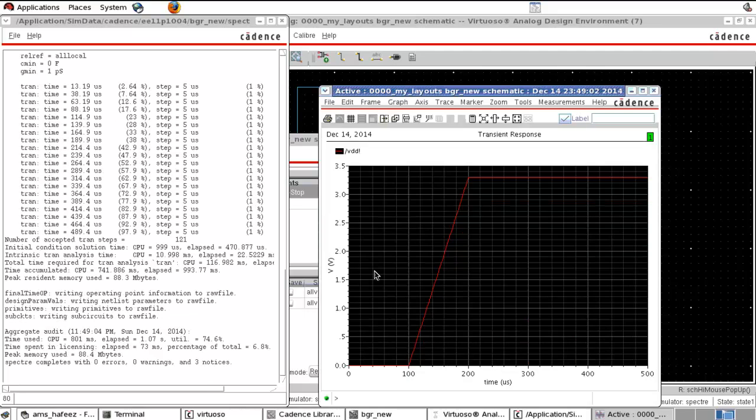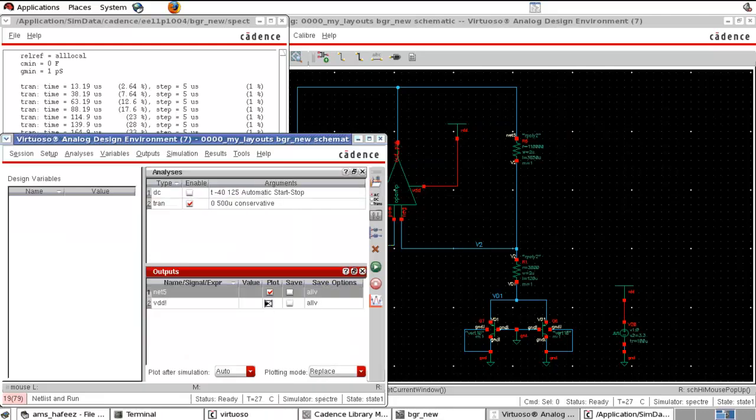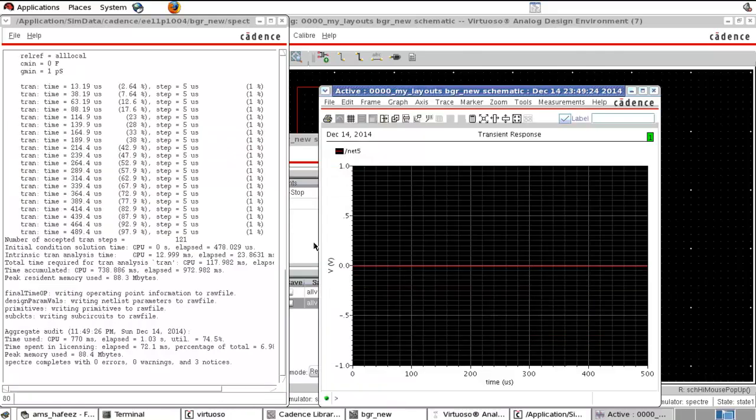So this is how the VDD supply voltage will look. This is what we wanted. Initially we need the voltage to be 0, then when we turn on the IC, the supply voltage will reach 3.3 volt. Now we want to see how the reference voltage is behaving. So let us run the simulation for reference voltage.